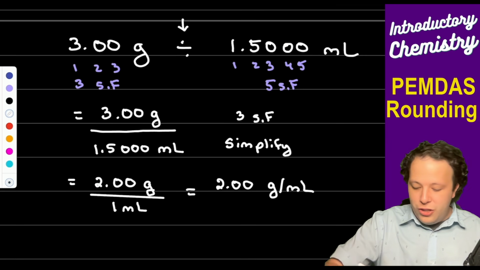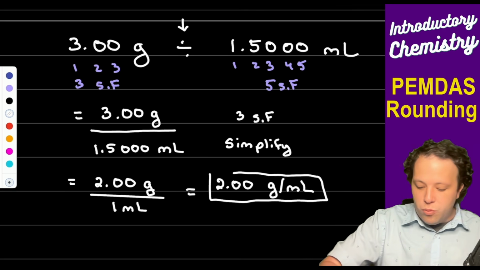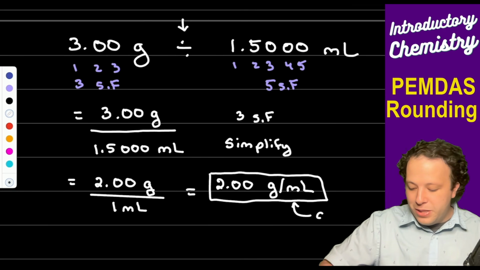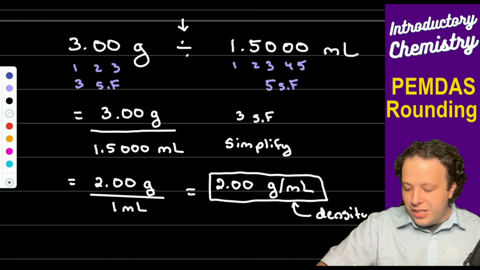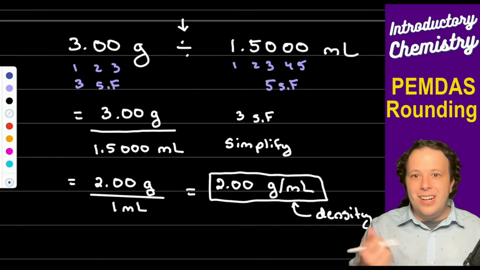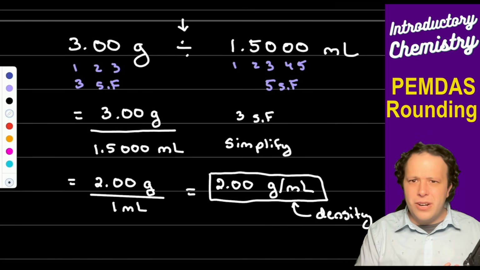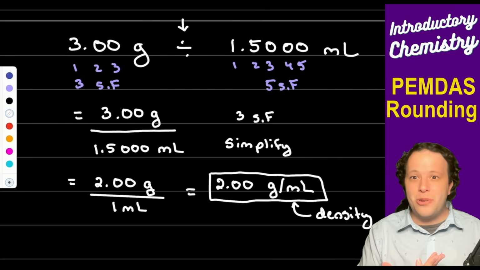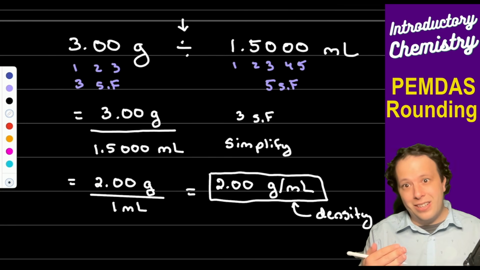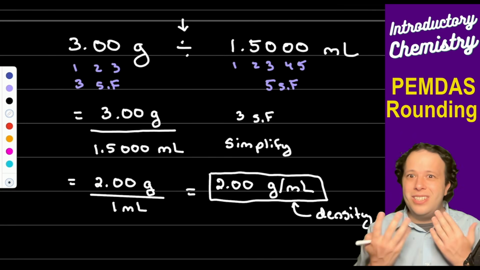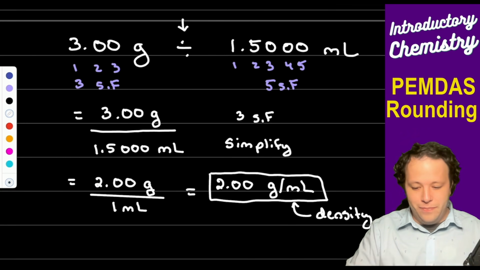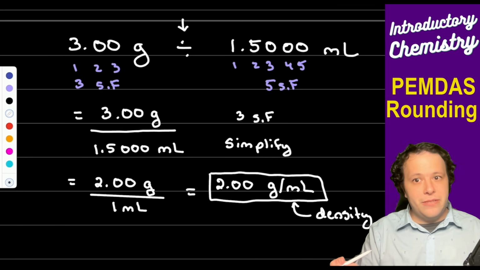That's how we can show a different derived unit, which can be very helpful. This represents density, which is one of your most common things that you're going to be using in general chemistry labs, especially around those first couple weeks of lab. You're going to commonly use density to go from mass to volume, whether it's for liquids or for different solids as well. All right, so that's multiplication and division.